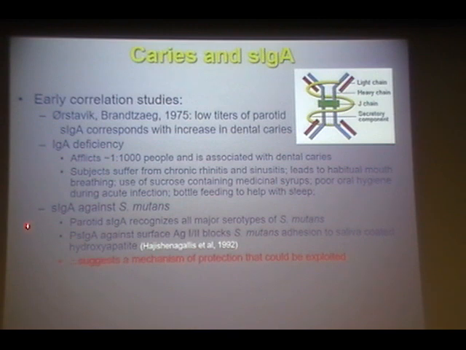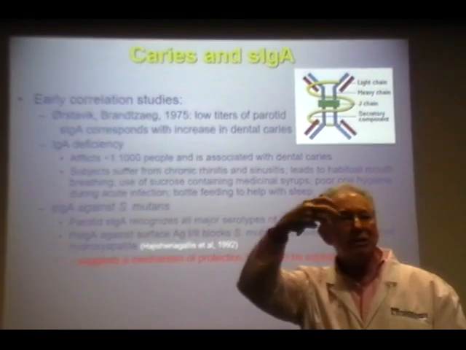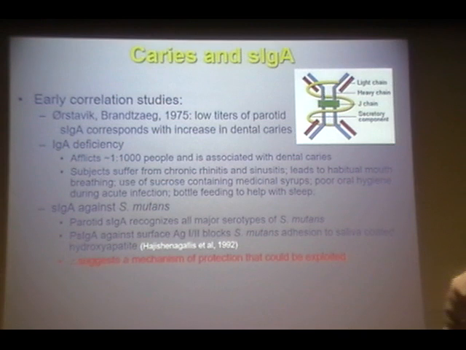Okay? So the secretory IgA against strep mutans is found a lot through the parotid gland, meaning it's generated in the parotid gland. We'll talk about that in a couple minutes. These secretory IgA molecules can recognize the major serotypes of strep mutans. Now remember, the serotypes are based on the carbohydrate moieties on the surface of the bug. So there are multiple different serotypes for strep mutans.